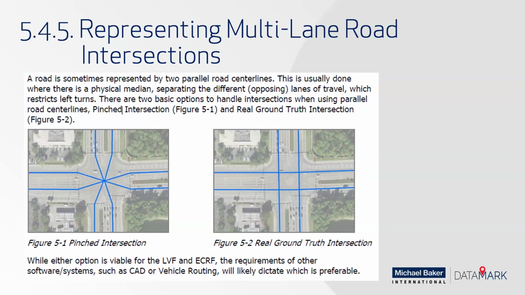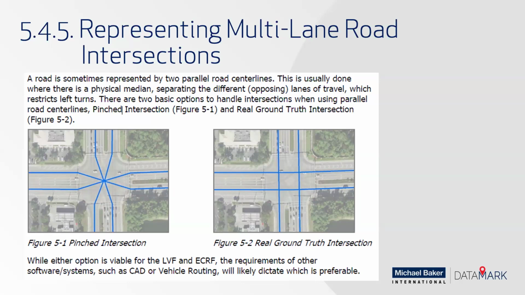It can get complicated. If you take figure 5.2, you may have some road center lines where you have some 0 address ranges. That's okay, you can deal with that. I kind of like the pinched intersections myself because you don't need to do that, and it also doesn't mess up the vehicle routing uses of the same data set.